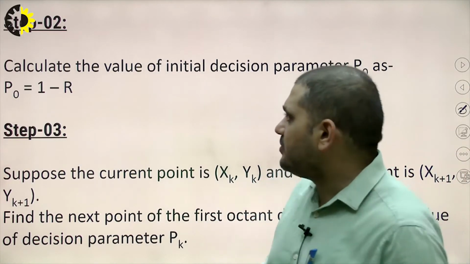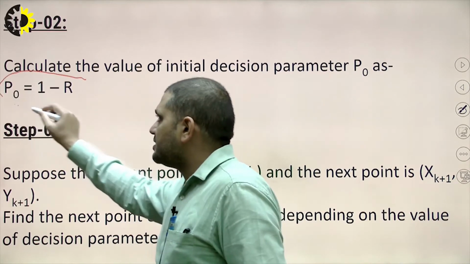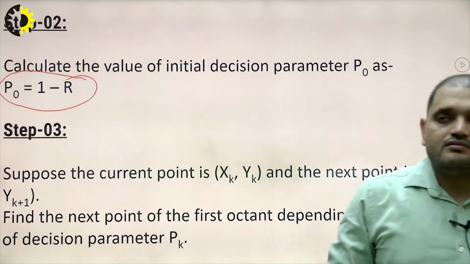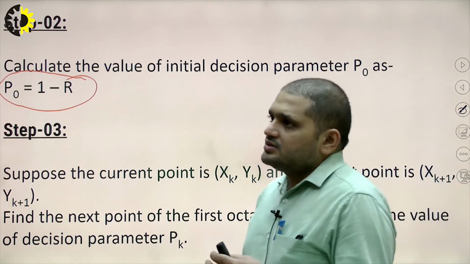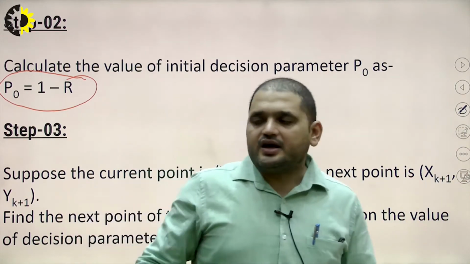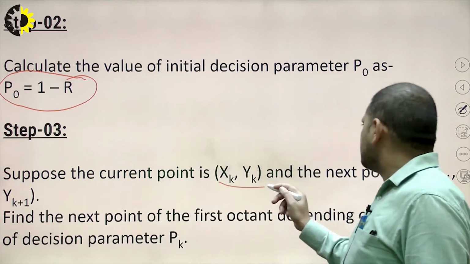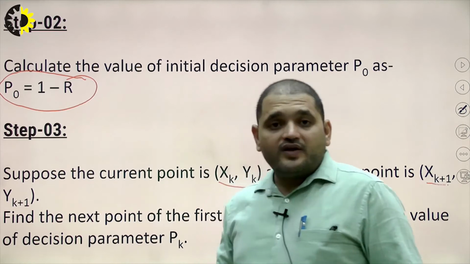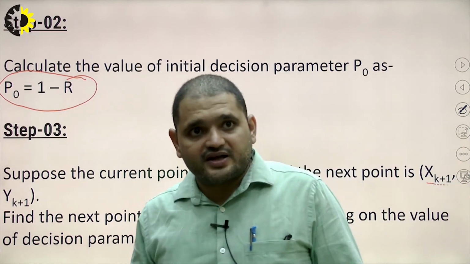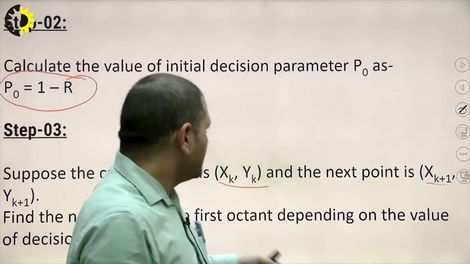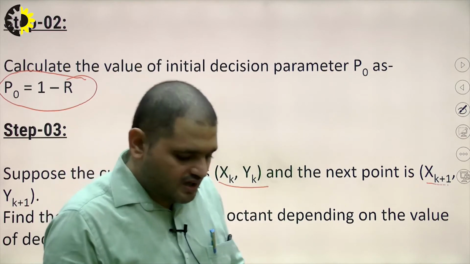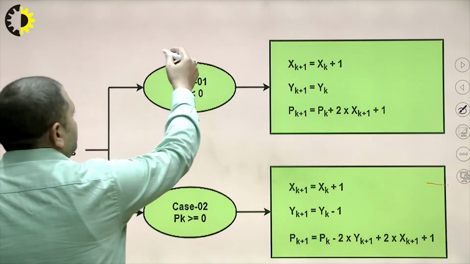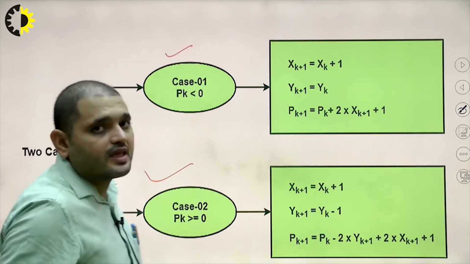First we will calculate the decision parameter. The decision parameter formula for this is p0 equals 1 minus r. Then suppose the initial point is xk, yk, and the next point is xk plus 1, yk plus 1. In order to find out the next point, we use the decision parameter pk. For starting the iteration, these are the conditions.